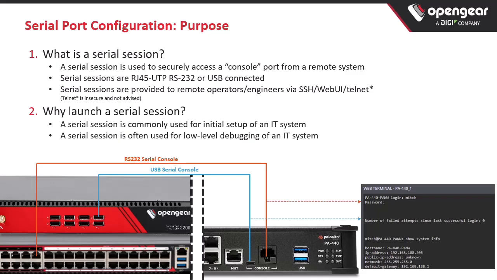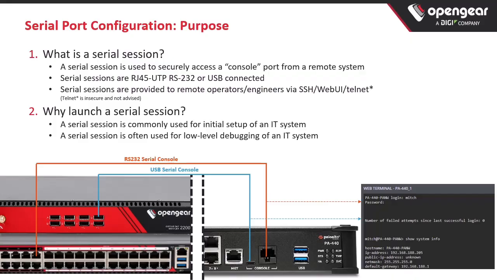And the only thing that would interfere with a serial session from being established is if the baud rate, the speed essentially, or the pinout is different between the console server on the left and the device on the right. As long as you've got the pinout and baud rate correct.